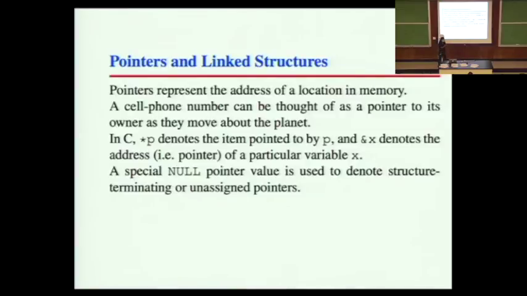So suppose I give you a pointer, it's an address in memory. Then in C, if you do ampersand X, then it tells you what element is actually stored at that location. So if you've taken some basic programming classes, or if you worked with pointers, you've probably already dealt with pointer manipulation, and this is how you do it in C.